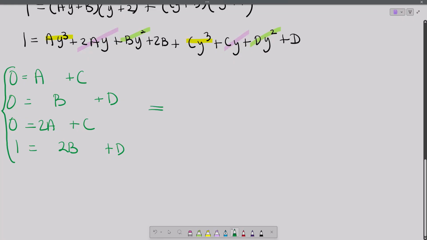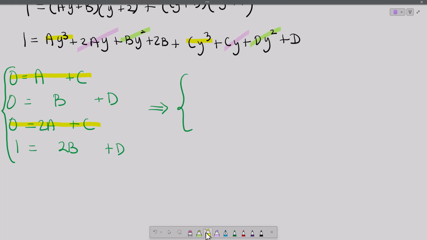So there is our system. 4 equations, 4 unknowns. We need to do some sort of elimination or substitution. Here is what I see. I see that these two can be paired up.